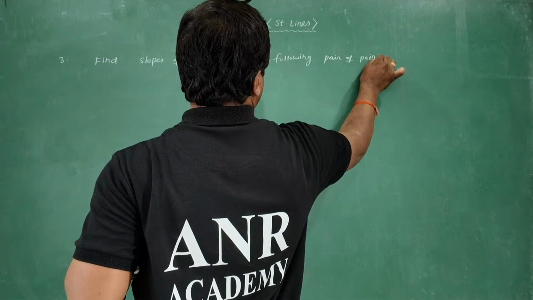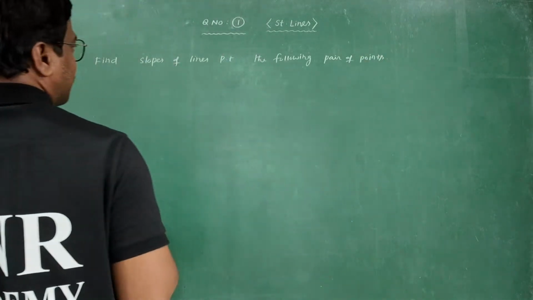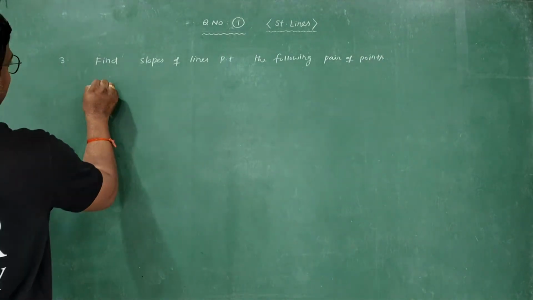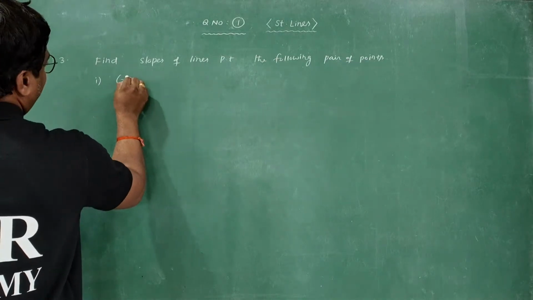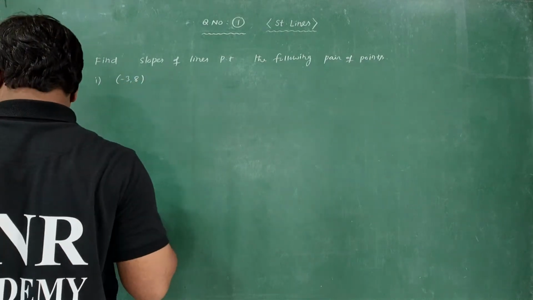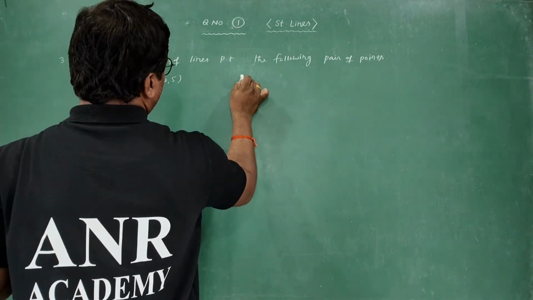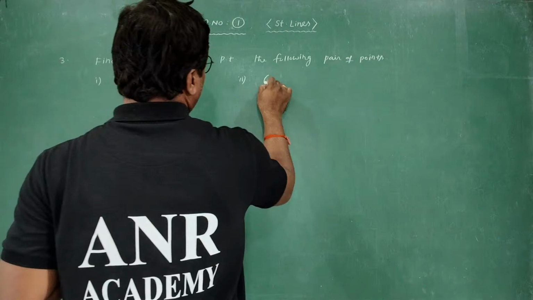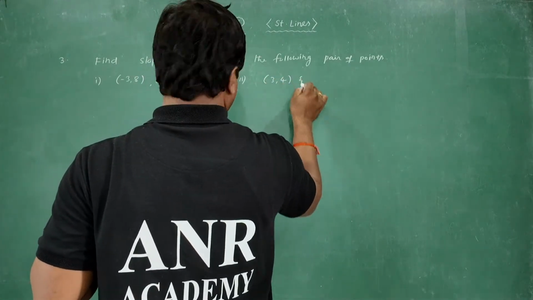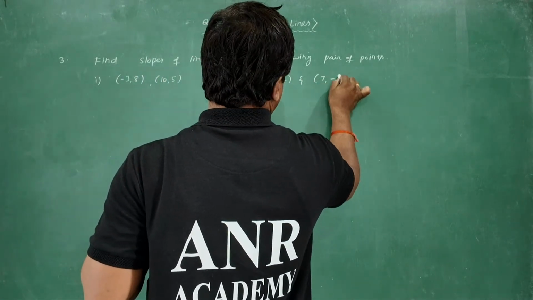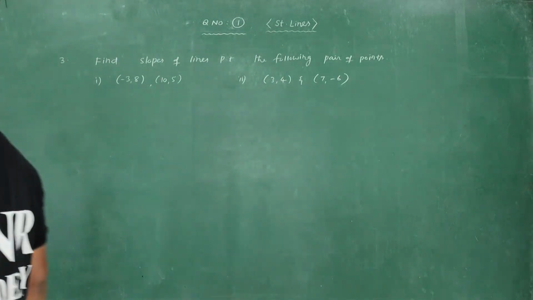Pair of points given in the question, you need to find slope, that's all. There are two questions. First one, -3, 8, 10, 5. Second one, 3, 4 and 7, -6.